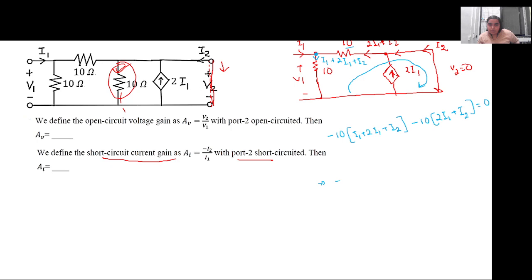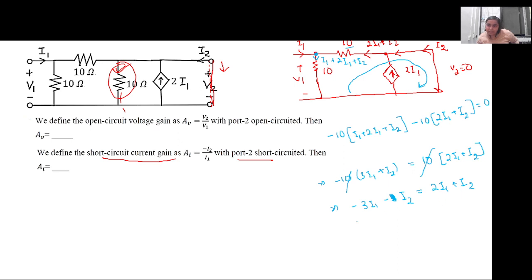So it is minus 10 into 3 I1 plus I2, equal to 10 into 2 I1 plus I2. I'm just taking this particular term on the other side. So this 10 will get cancelled. So it is minus 3 I1 minus I2 equal to 2 I1 plus I2.